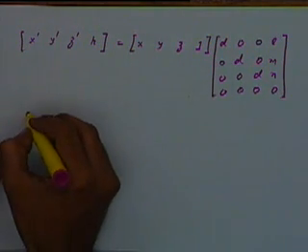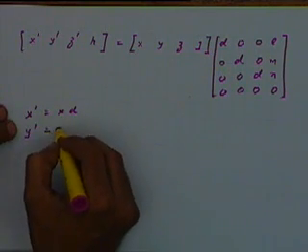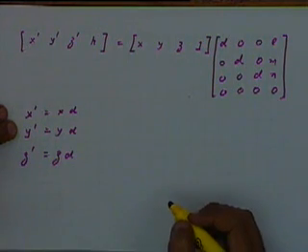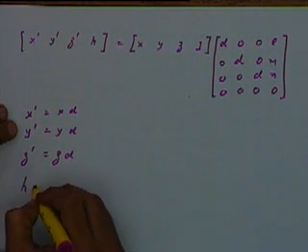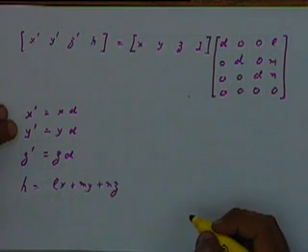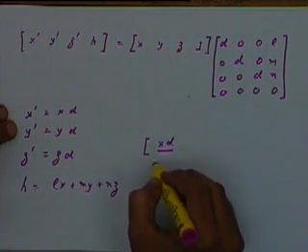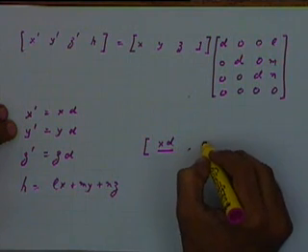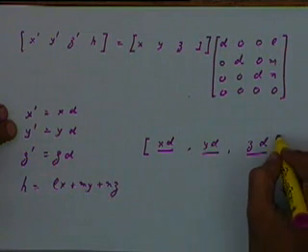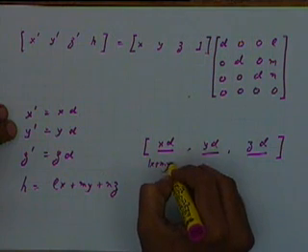This set of equations will give us x prime equal to x times d, y prime equal to y times d, z prime equal to z times d, and h will be equal to Lx plus My plus Nz. So this point will be the same as the point xd divided by this term, yd divided by this term, and zd divided by this term. This term is Lx plus My plus Nz.